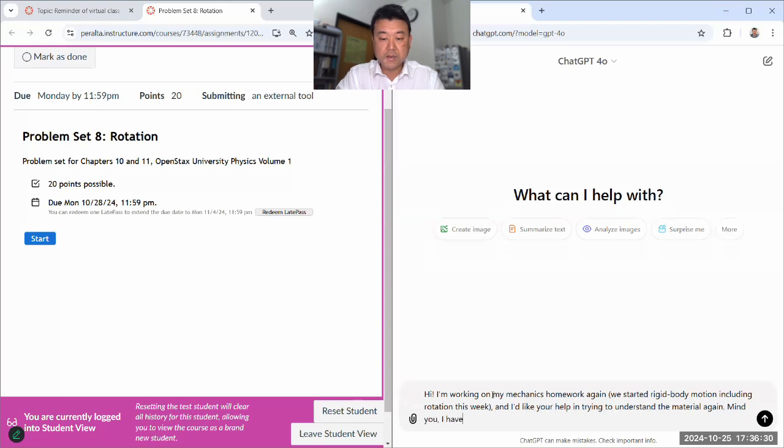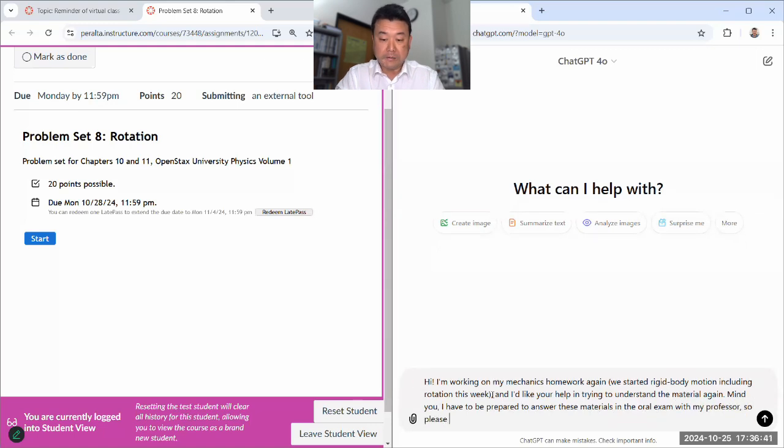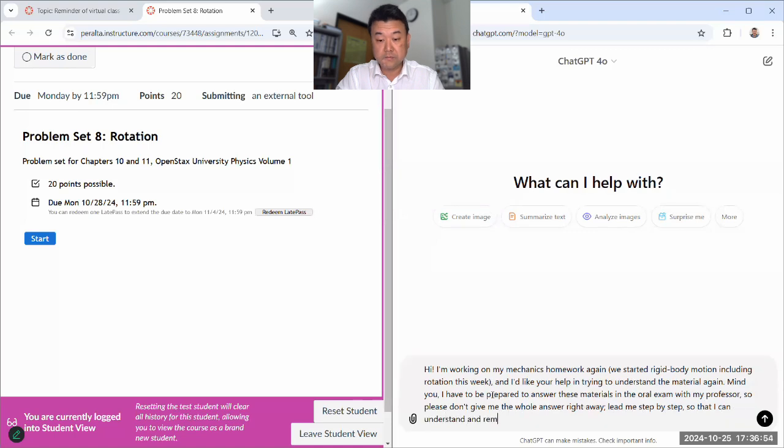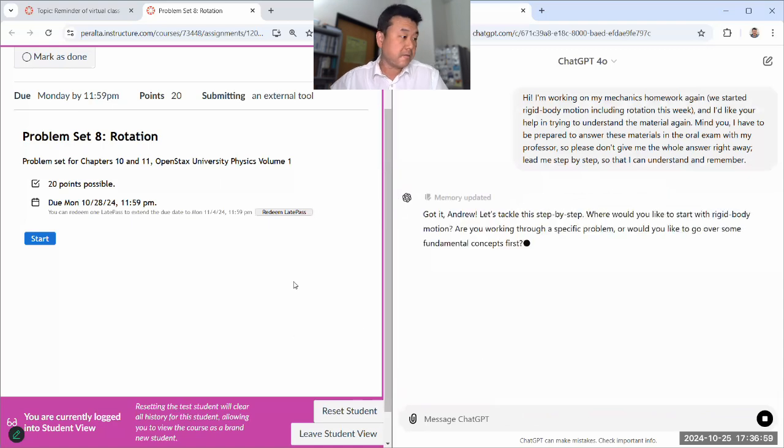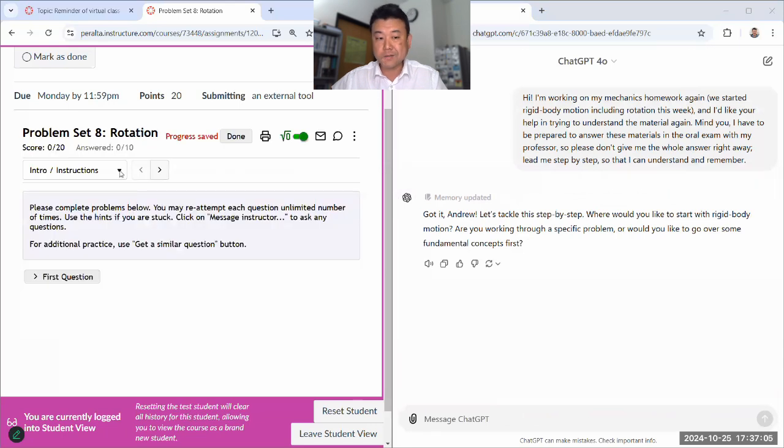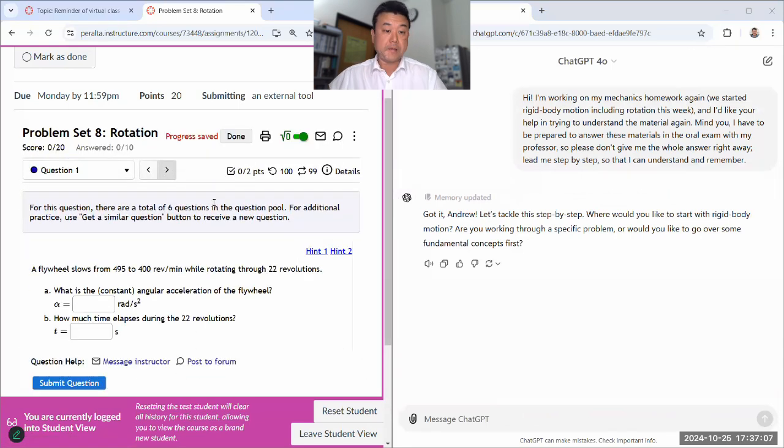Mind you, I have to be prepared to answer these materials in the oral exam with my professor, so please don't give me the whole answer right away. Lead me step by step so that I can understand and remember. And it'll acknowledge. So I have a little bit over 20 minutes. Let's pick out a couple substantive questions and work through them.